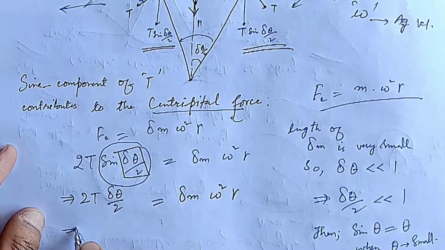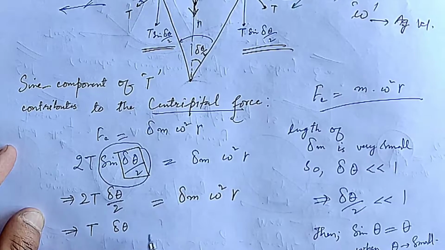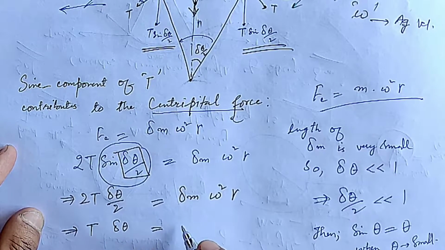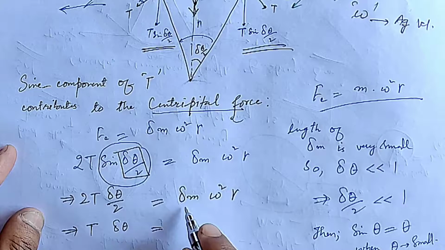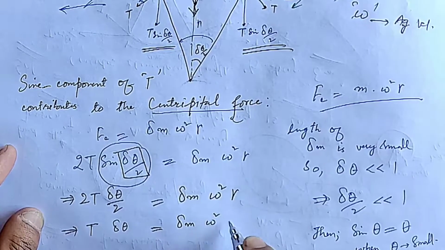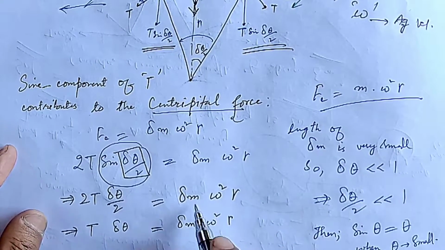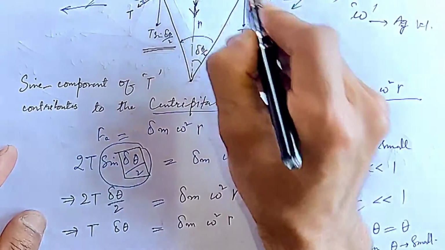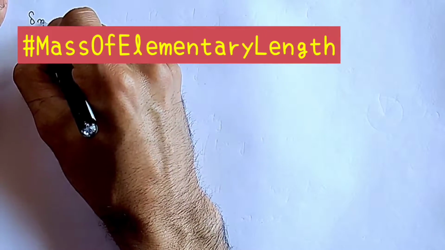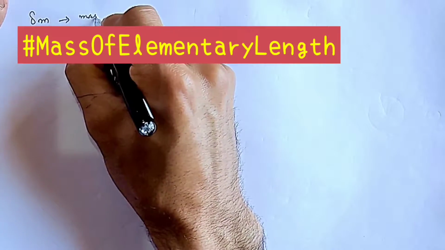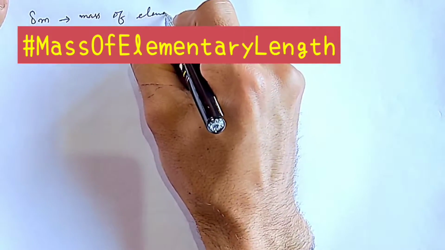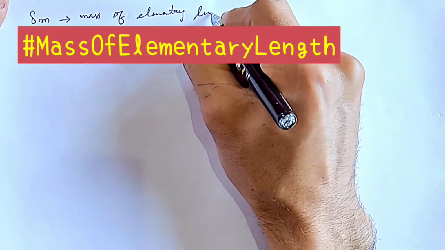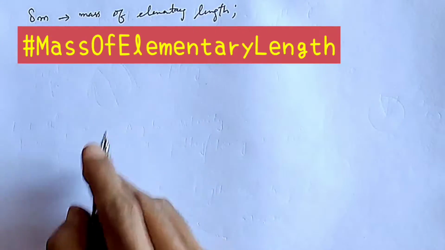So we will get T delta theta equal to delta m omega square r. But delta m is the mass of this elementary length of the string. And how do we calculate it?